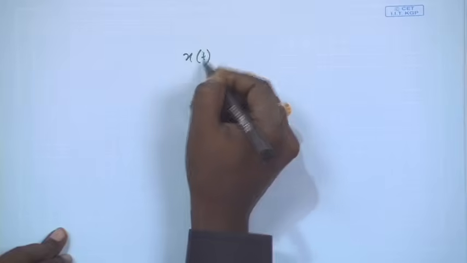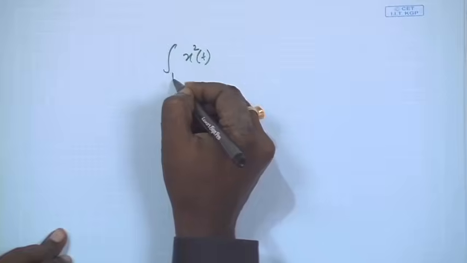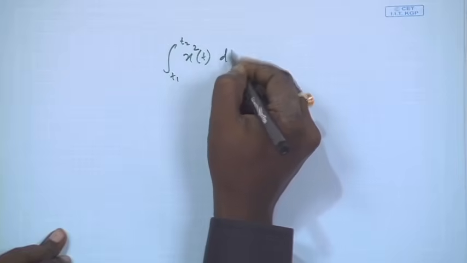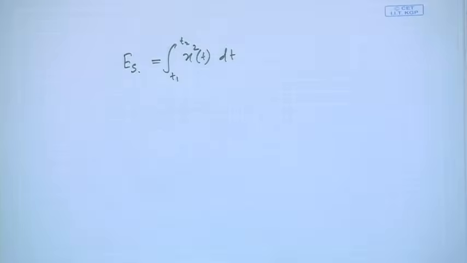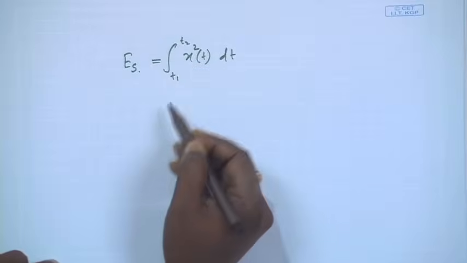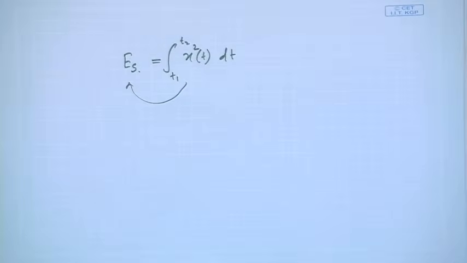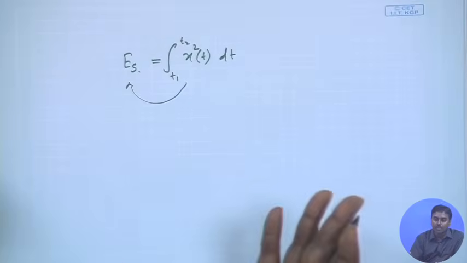Now, suppose I have x(t) and I wish to do this integration from T1 to T2, this is my energy. Now, if x(t) happened to be a complex signal, which has a real part and an imaginary part, then I do not have this evaluation, because immediately I can see that Eg will not be a real number.